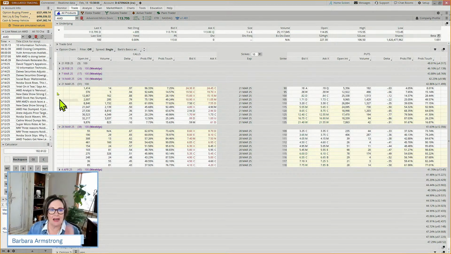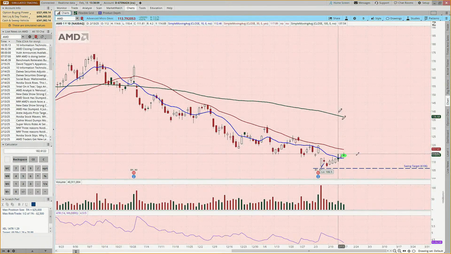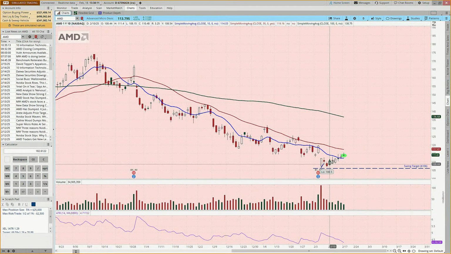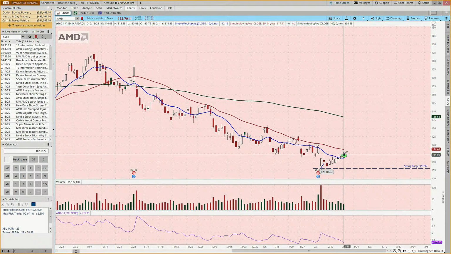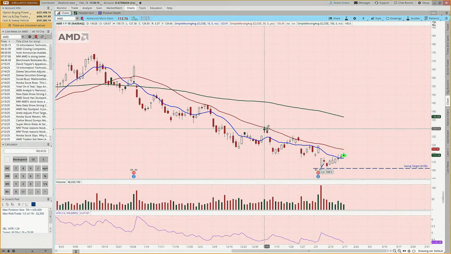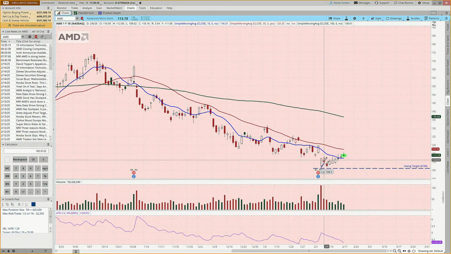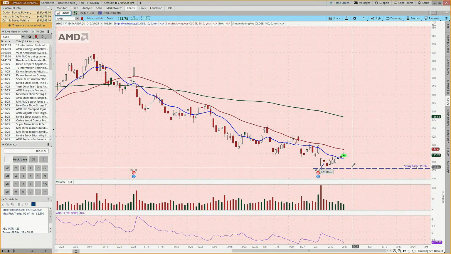Now if we think, how many days did it take to come up here? Well, 1, 2, 3, 4, 5, 6 days. So how many days might it take to come down? Well, in this case, it took 1, 2, 3, 4, 5, 6. So it may take 6 days.